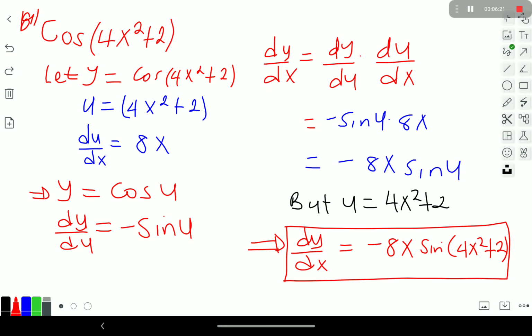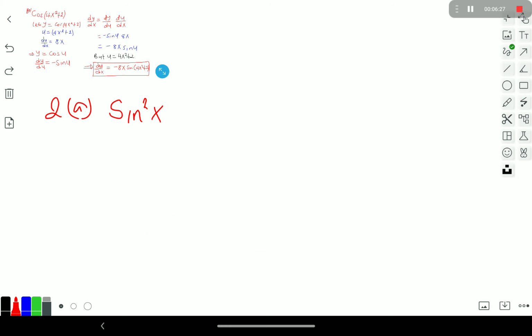Then let us go to the next one. Now this one looks to be like the one we started with, but they are totally different, because this one represents sin x then squared outside the whole of it.